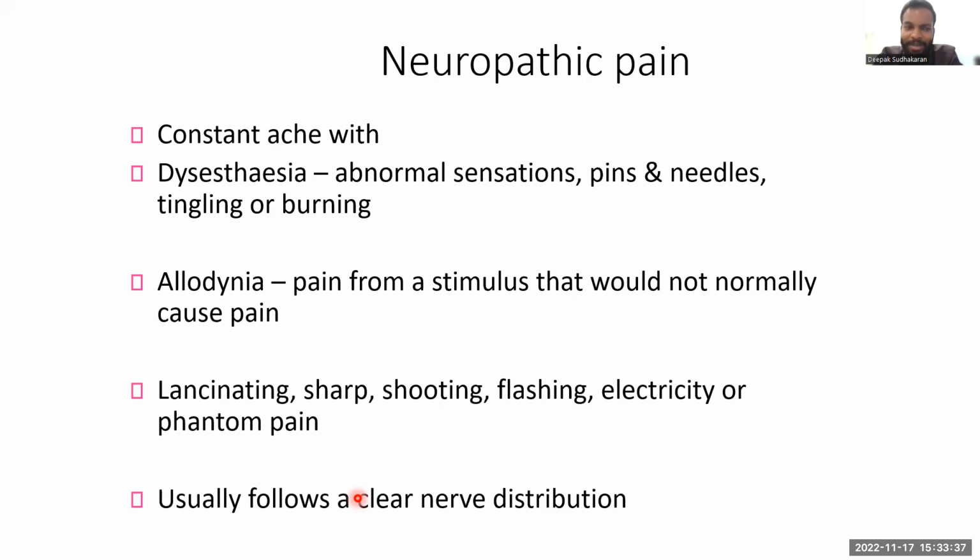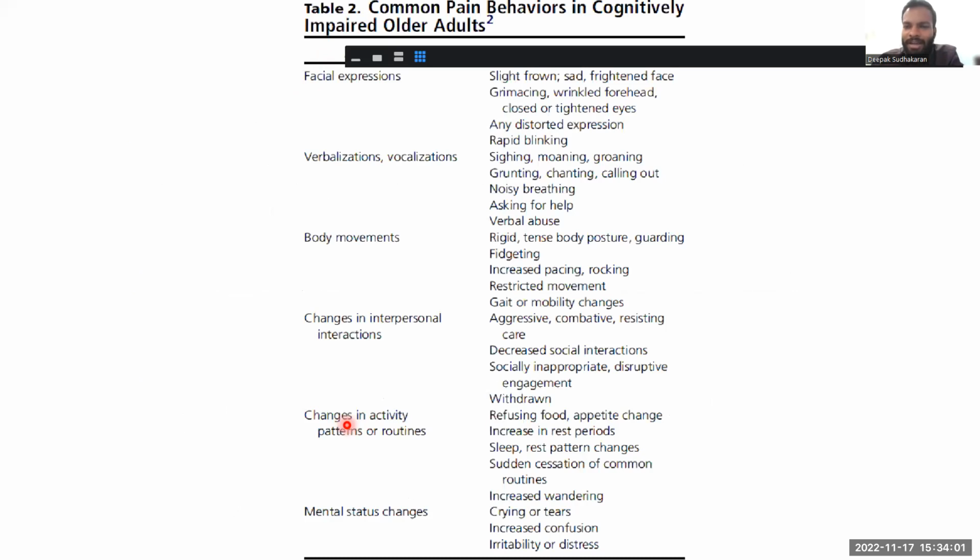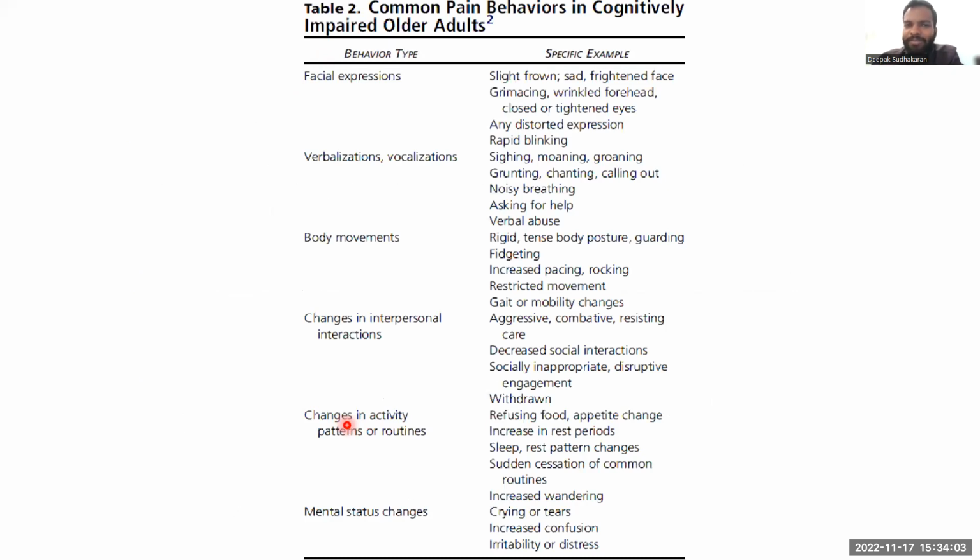Okay, many of them cry. Little older children may not cry, but they may make some facial expressions, or they may try to withdraw whichever part of their body is affected. Facial expression, irritability, and they will not allow you to touch that part of the body which is paining. Similarly, even if a person is unable to express through words for certain reasons, they have different types of responses.